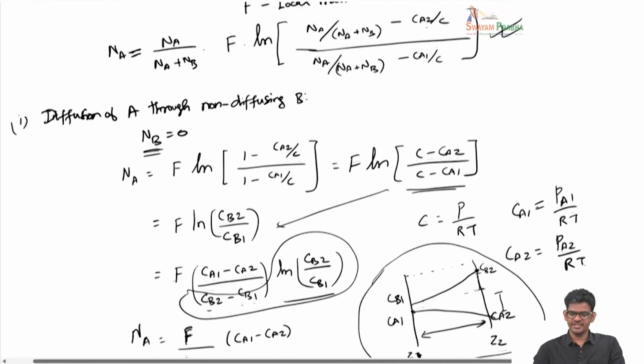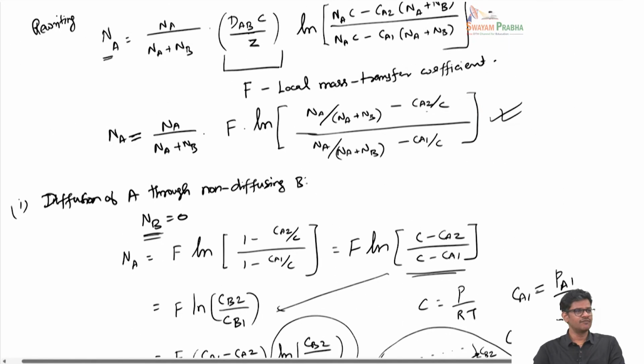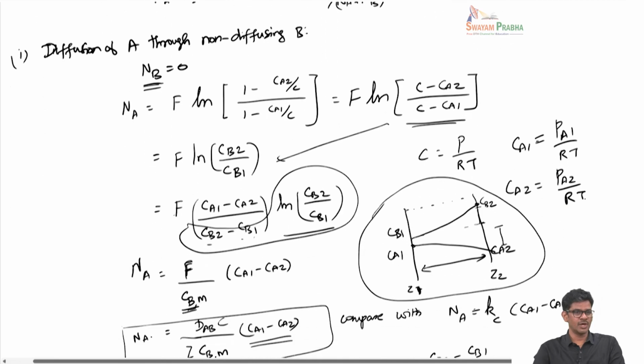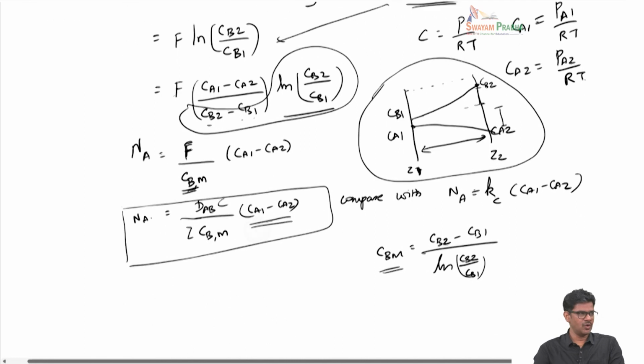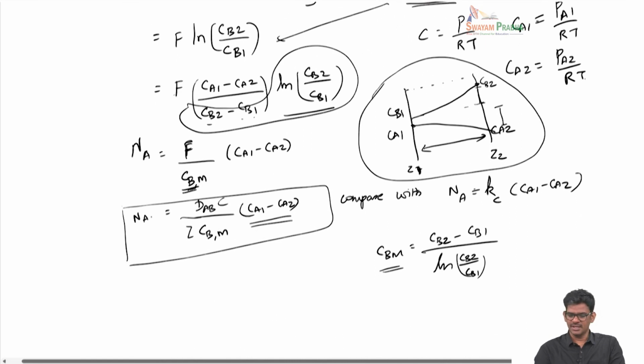If you look at the original expression, the concentrations are involved in the logarithmic term. It's difficult to work with logarithmic terms. It would be nice if I can write in terms of concentration differences as a driving force. So we are able to simplify the original expression for the flux in terms of the concentration difference between two locations.